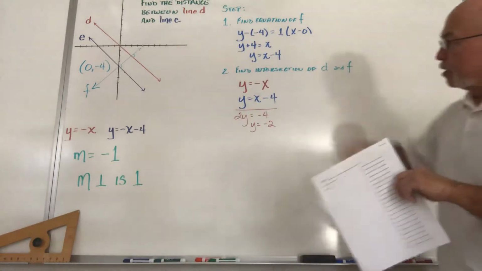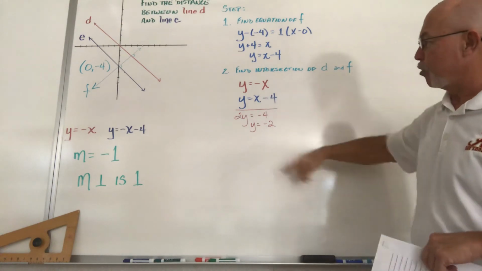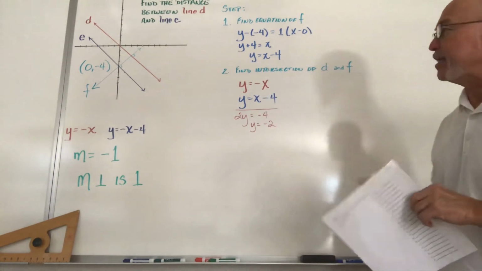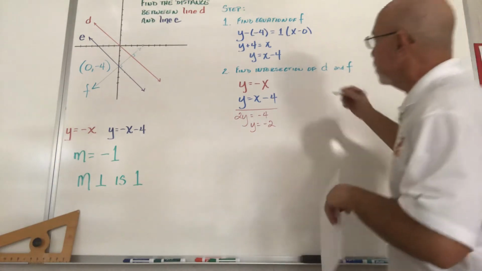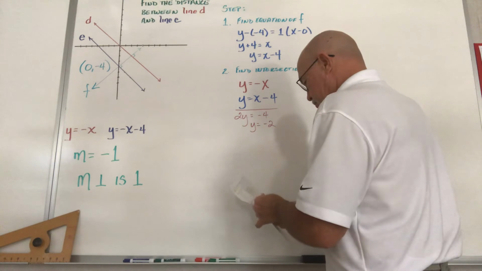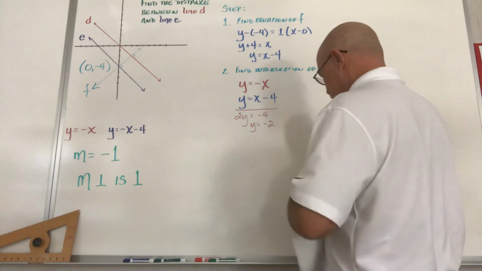Okay. 2y, the x's go away, negative 4 comes down, divide. So I've got y equals negative 2. I'm going to substitute back in, okay? I really need a clipboard of some kind here.